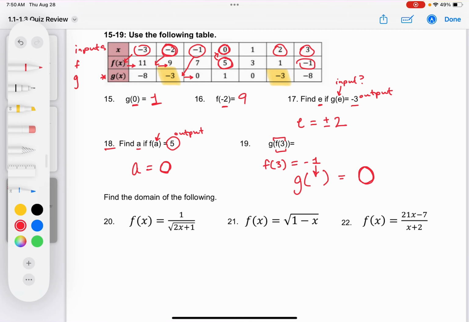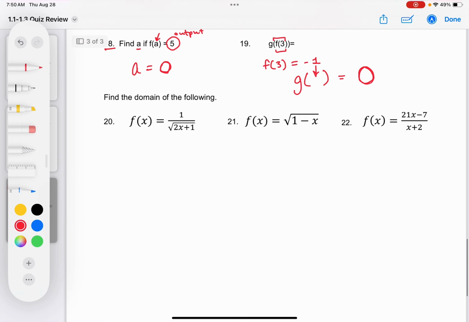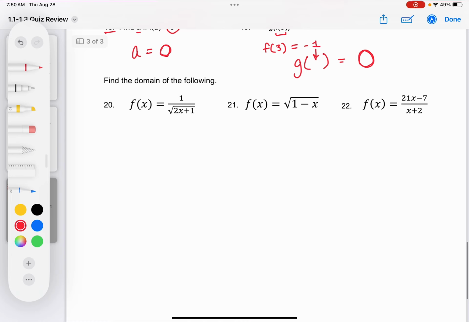The next section, 20, 21, and 22, we're looking for domain. So we have certain rules that we need to identify, and I'm actually going to start with 21, the radical, and what's underneath there is called the radicand, and it cannot be negative.